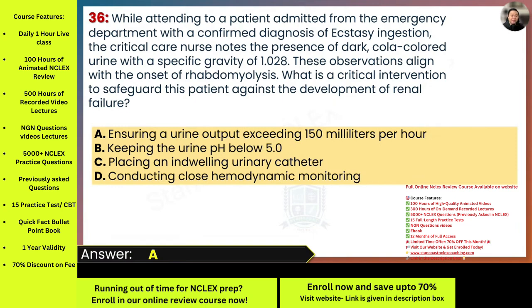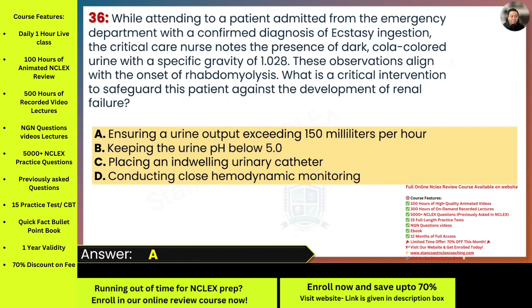And in fact, the management of rhabdomyolysis includes alkalinizing the urine, typically with sodium bicarbonate to raise the pH above 6.0. And this will also prevent the myoglobin from breaking down into nephrotoxic components and will safeguard the kidneys.